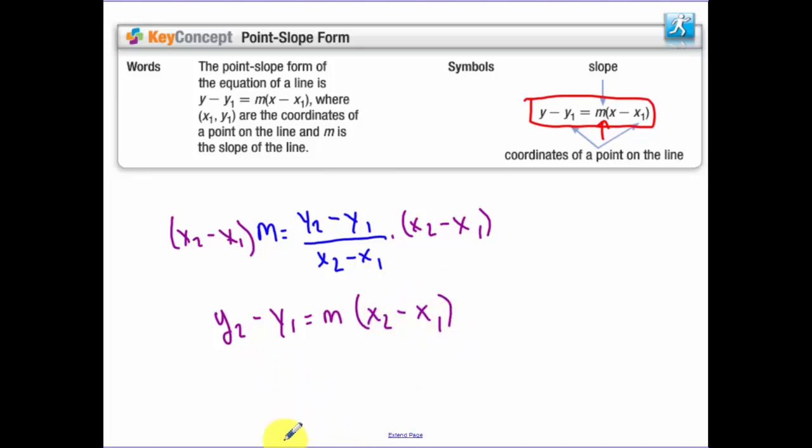Now, for the equation of our line, we just talk about basic x and y values, so I can take away the 2. So now this is our equation of our line in point slope form, and that's where we got it from. We got it from our slope formula.